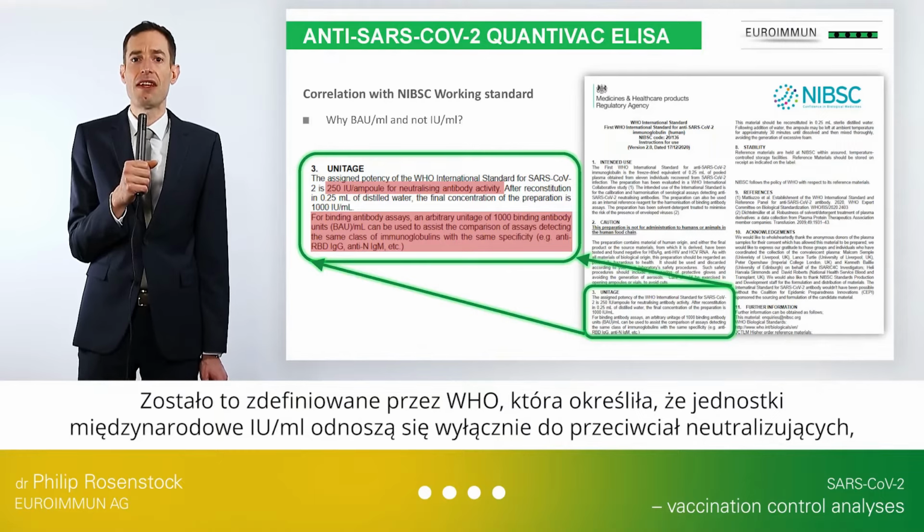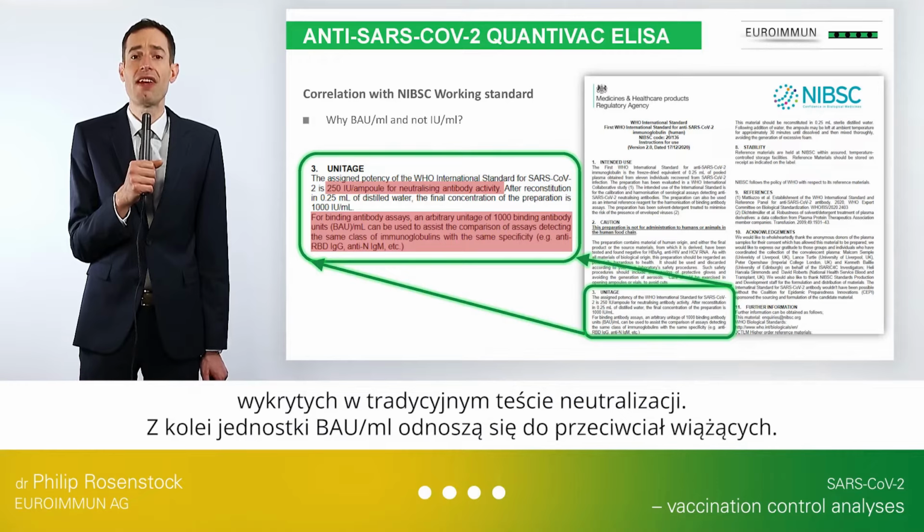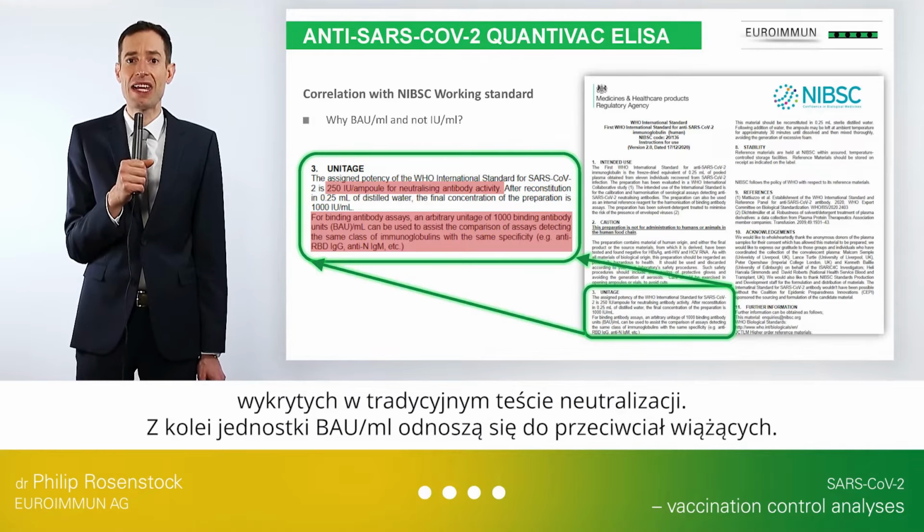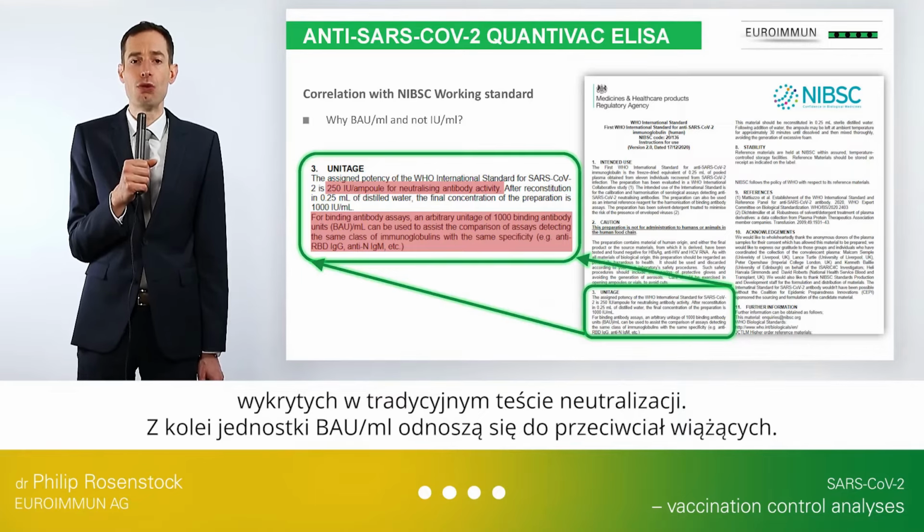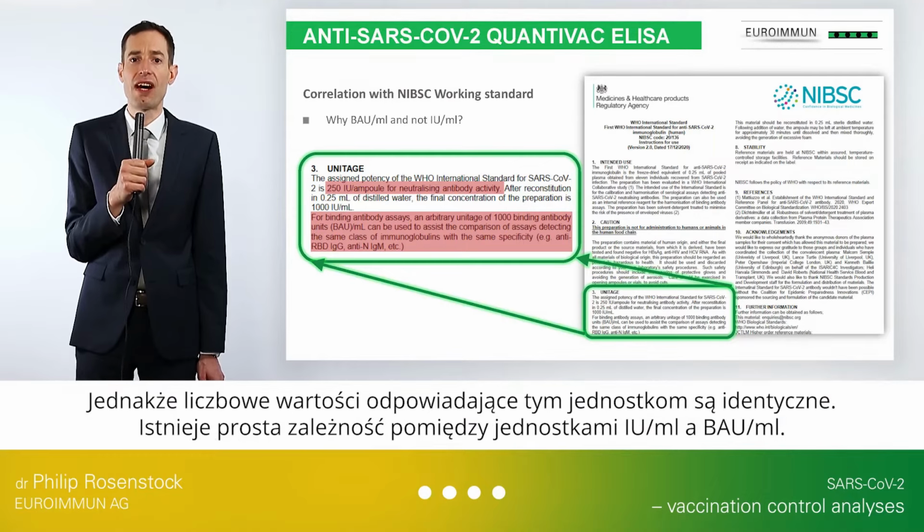They stated that international units are exclusively to be used for neutralization tests, so for the detection of neutralizing antibodies, while binding antibodies are to be referred to as binding antibody units, BAU per ml. However, the numerical value is identical, so there is a direct correlation between international and binding antibody units.